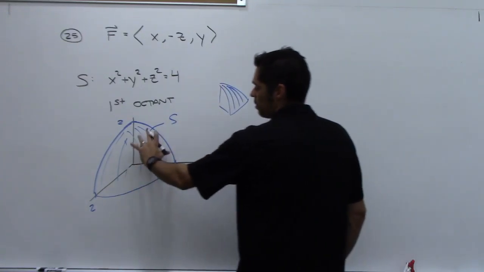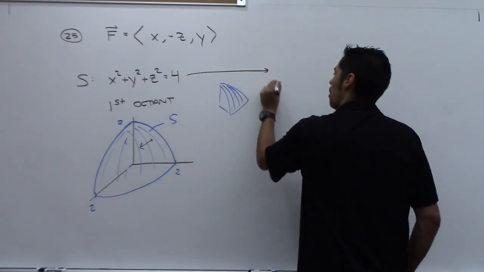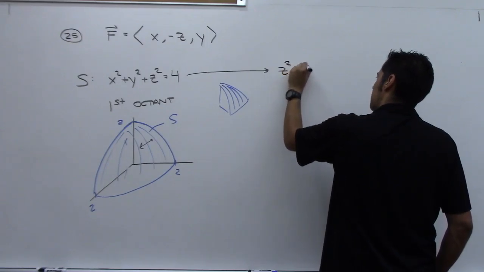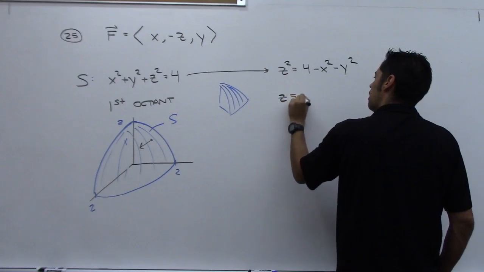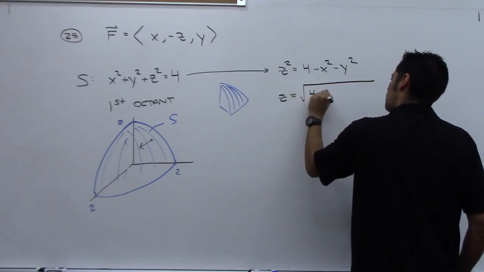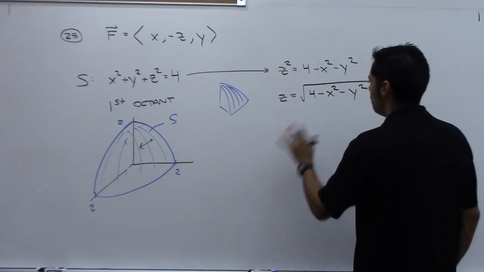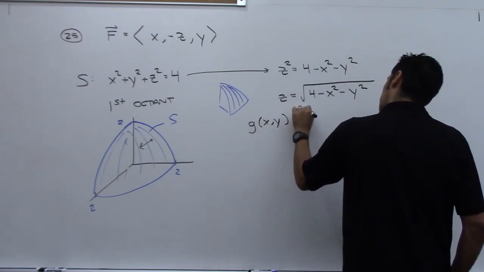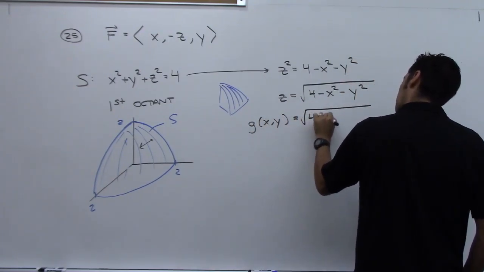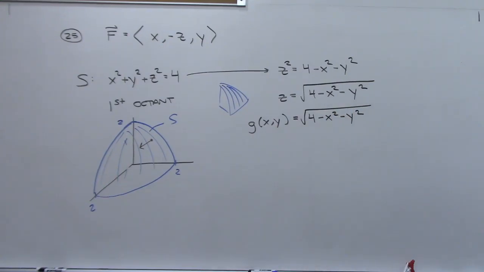But if we're just looking in the first octant, just looking at the parts where z is positive, then we could take this if we wanted to and solve it for z and take the square root and only have to worry about the positive square root because we're not looking at negative z values. So this right here can be our surface, and we can look at our surface as being a function of just two variables.